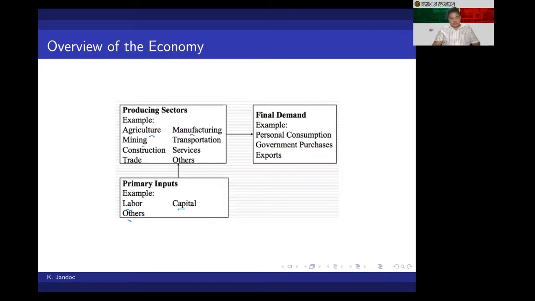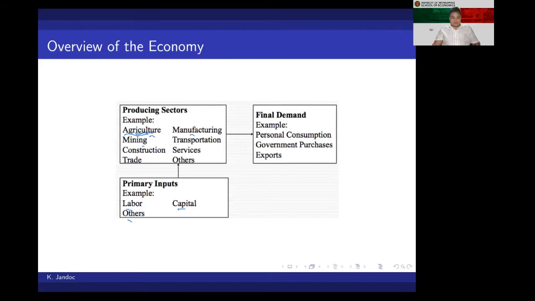These sectors produce output that will be used by themselves or by the other sectors. For example, agriculture produces seeds that will be used for replanting.